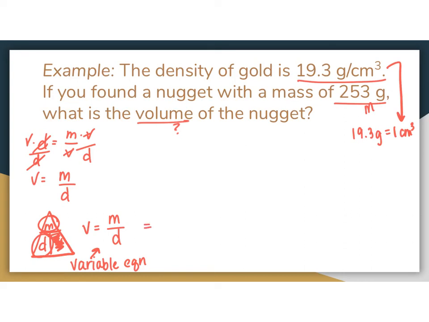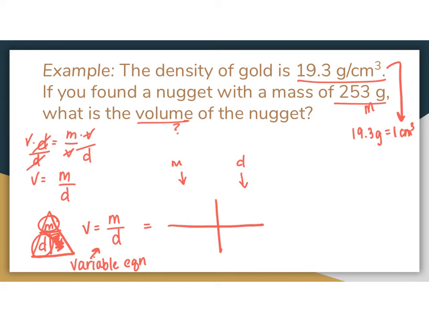Now with this one, density is going to have a conversion factor. So I'm going to use my grid. Generally, I like to put density, since it is the one that has a conversion factor, as my second column. So if I'm going to have 2 columns, this one's going to be for mass, this one will be for density.